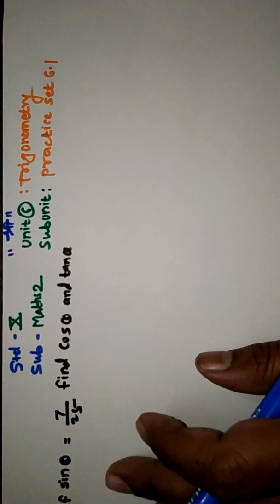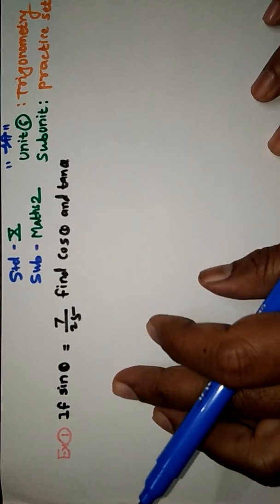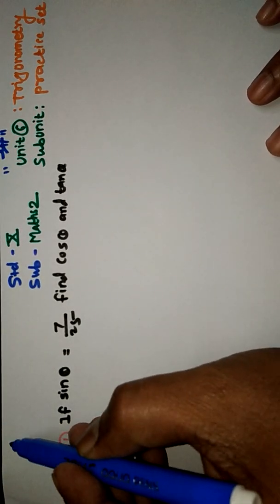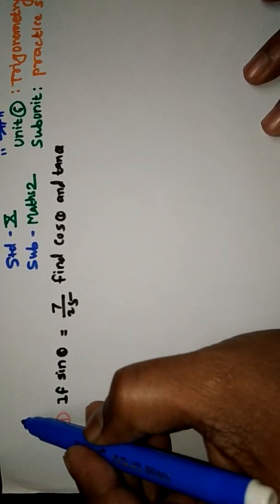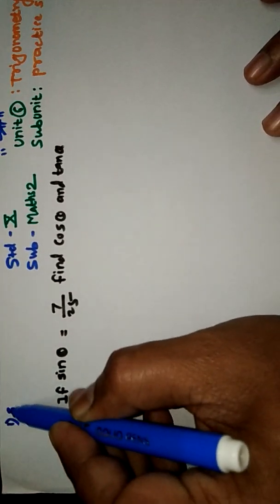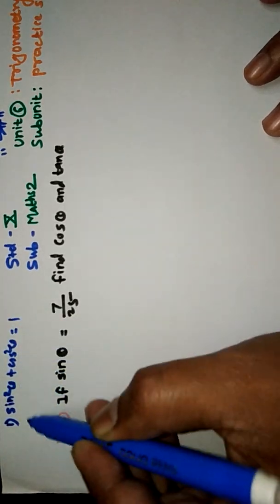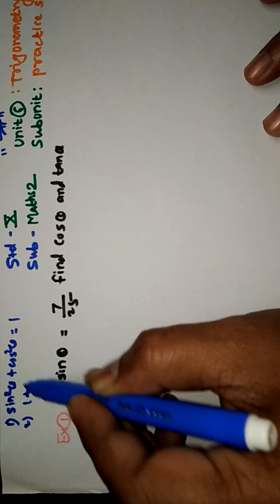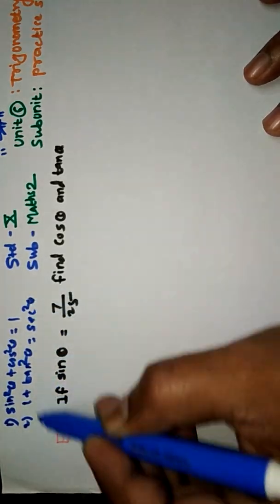See example 1. To solve example number 1, we first revise the basic fundamental identities. There are three basic fundamental identities. First is sin square theta plus cos square theta is equal to 1. Second, 1 plus tan square theta is equal to sec square theta.